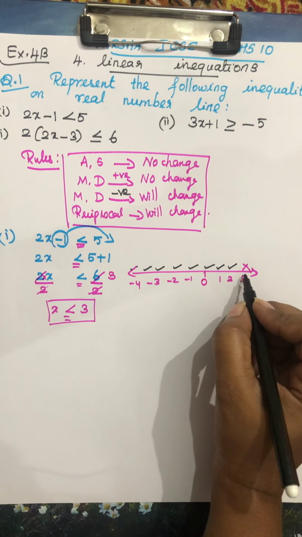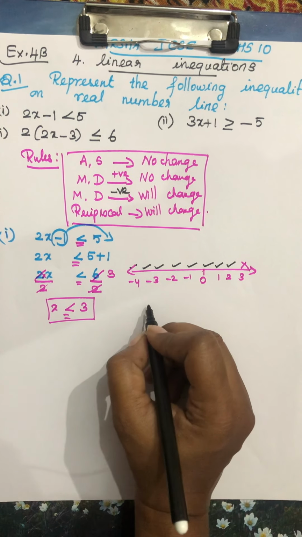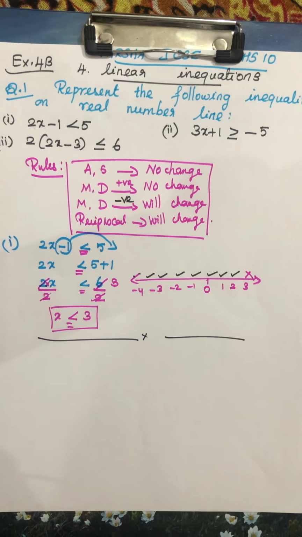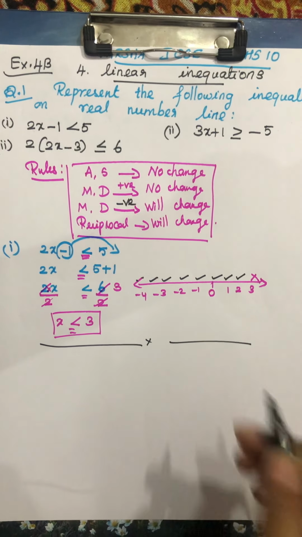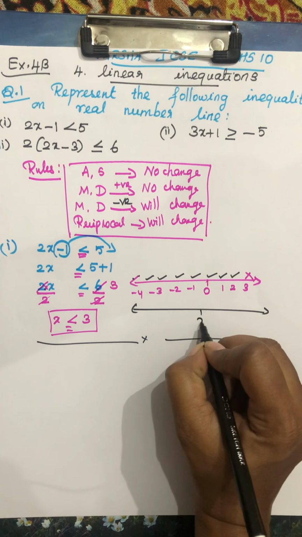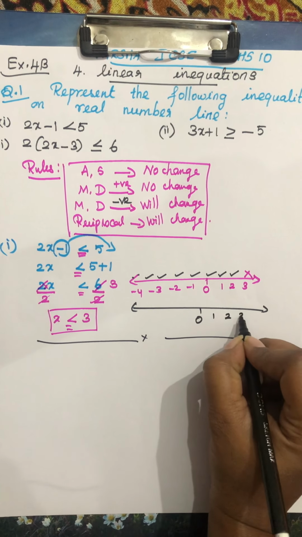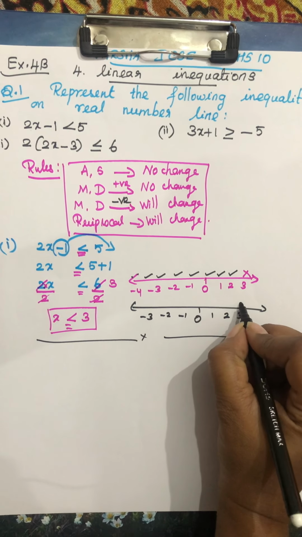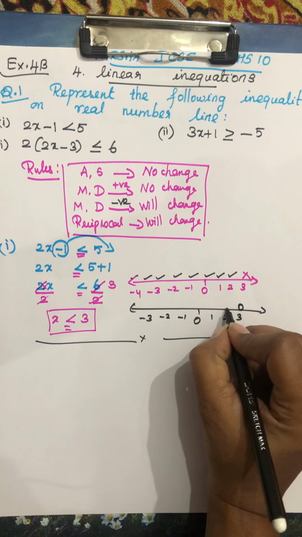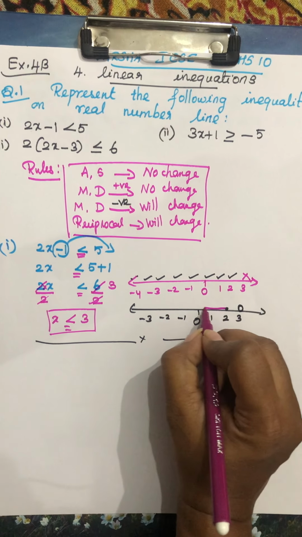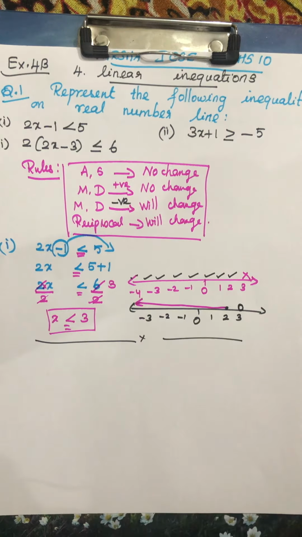So 3 is not in your answer. These are your solution set. If you draw it, this is 0, 1, 2, 3, minus 1, minus 2, minus 3. 3 is not included, but the others are included. So you draw the line likewise.